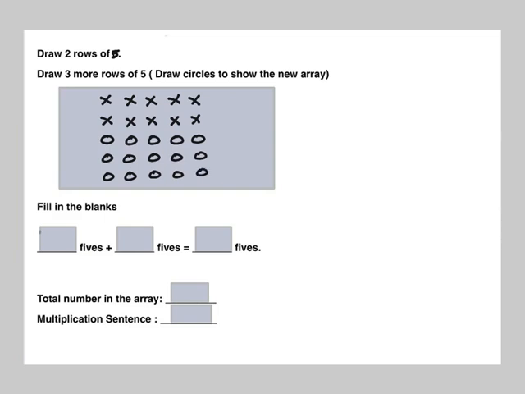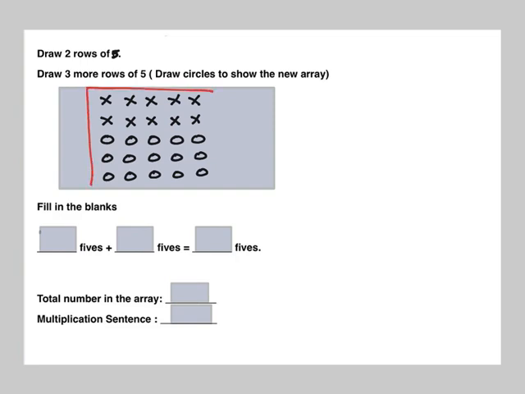So this is row 1, this is row 2, and this is row 3. So there are 3 rows of circles, 3 rows of 5. Okay.